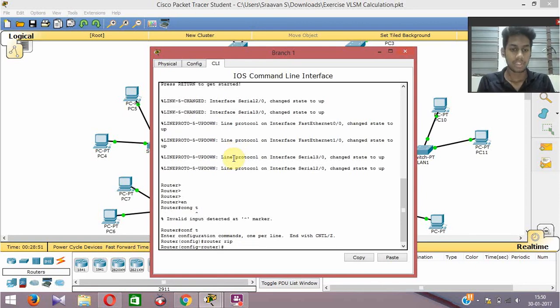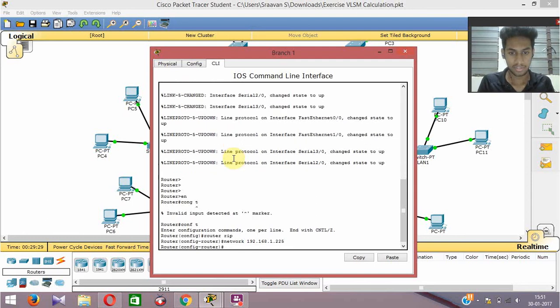Now what we do is we type in the network to which it has to be connected, network space to the other routers' networks. So that will be around 192.168.1.205.